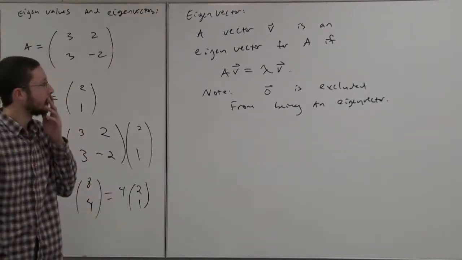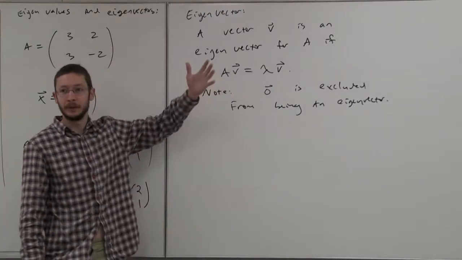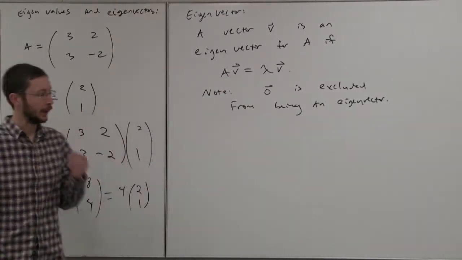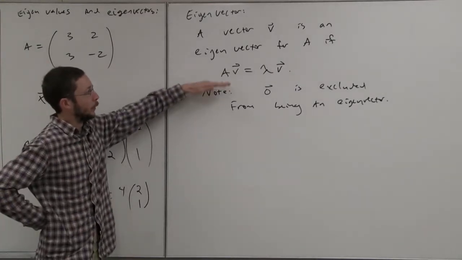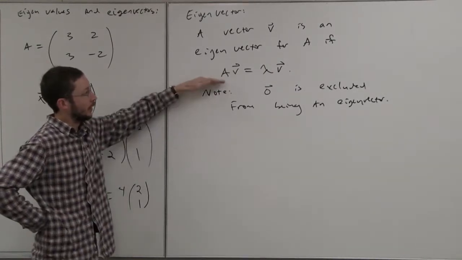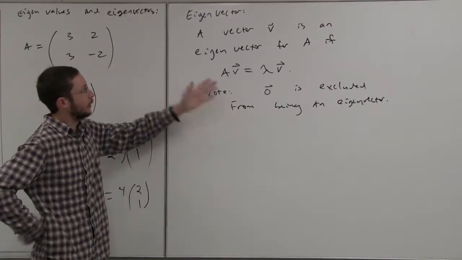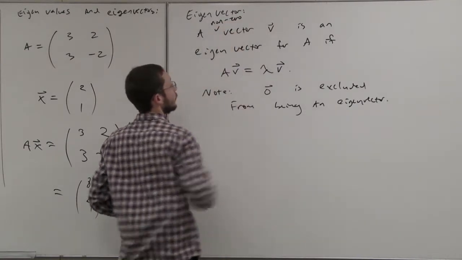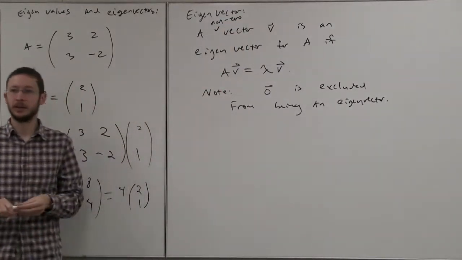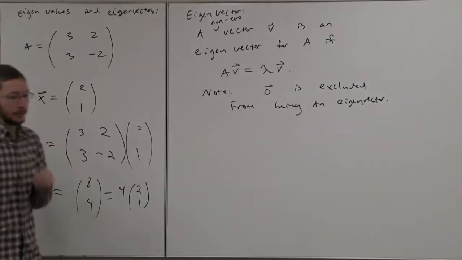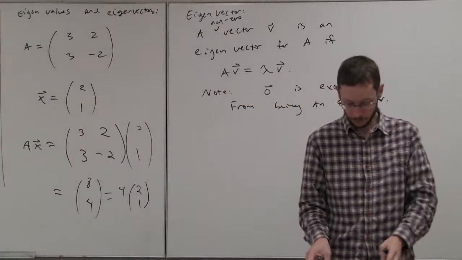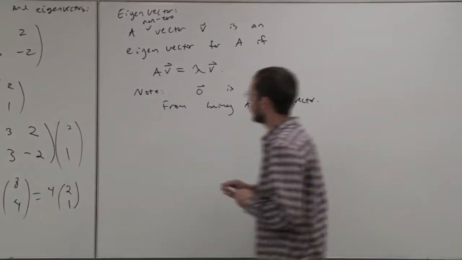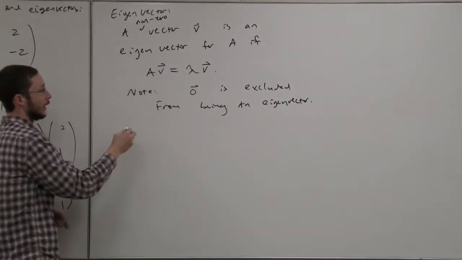It certainly satisfies this relation, but it doesn't have the important features that we care about when we think of an eigenvector. So we could say a non-zero vector v is called an eigenvector for A if it satisfies that relation, Av = λv. This coefficient here, lambda, is what's called the eigenvalue associated to eigenvector v.